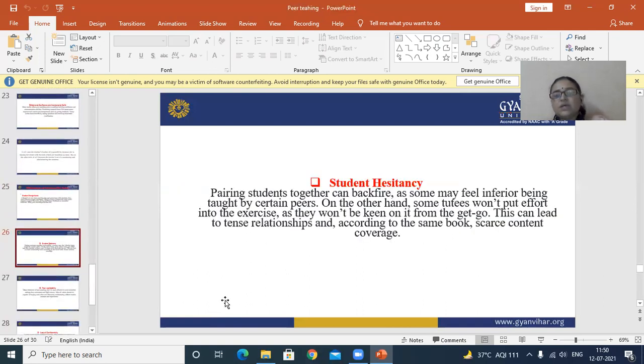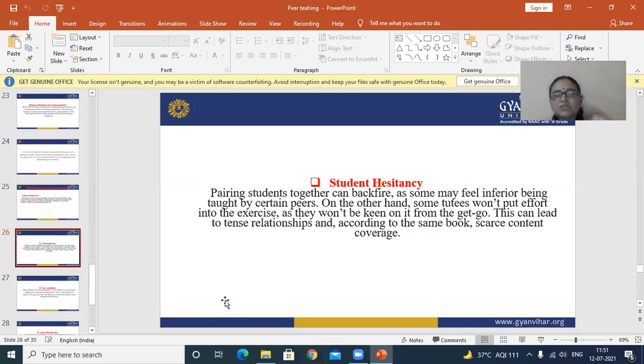Student hesitation. Pairing students together can backfire, as some may feel inferior being taught by certain peers.